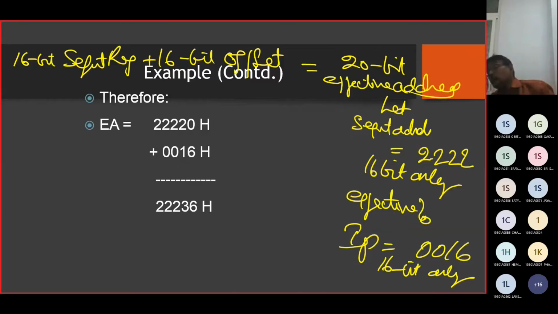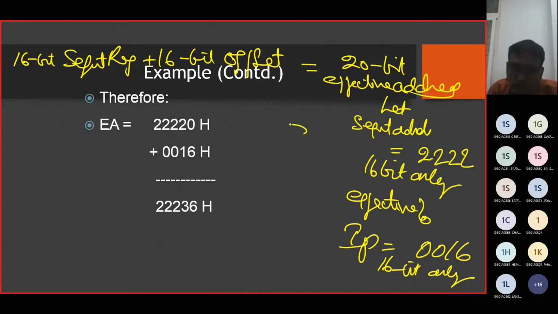This rule has to be met. I am going to add two 16-bit numbers, and not only addition, even multiplication and other operations. When we add two 16 bits, that should reflect a maximum change of 20 bits. So, how is it possible?